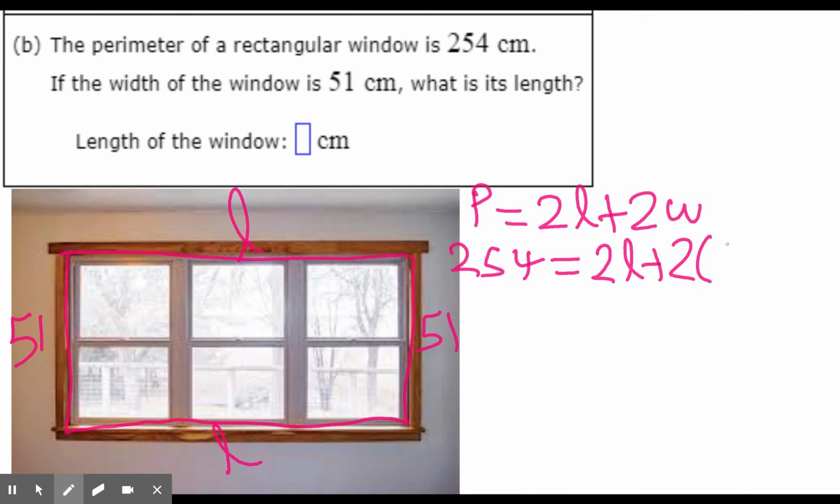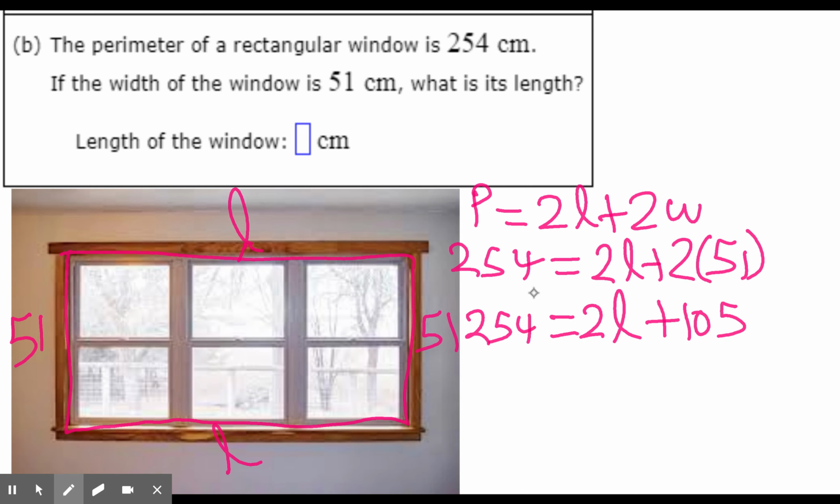So 2 times 51. 2 times 51, that's 105. So I can simplify that. I'm going to bring down everything else, and I'm just going to erase this so it doesn't look like a larger number than it actually is.